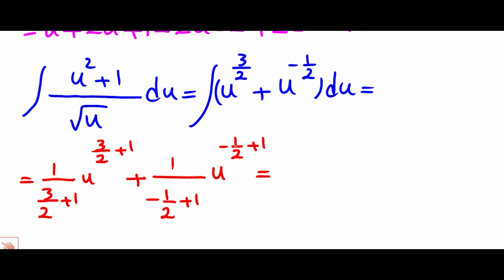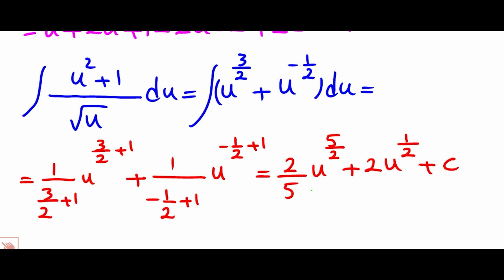So 1 over (3 over 2 plus 1) equals 2 over 5, u to the power of 5 over 2. Negative 1/2 plus 1 equals positive 1/2, so 1 over 1/2 equals 2, u to the power of 1/2, plus c, right?